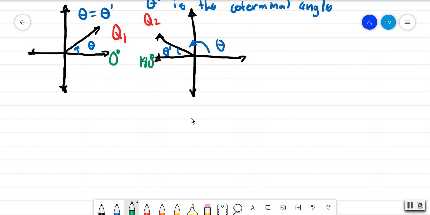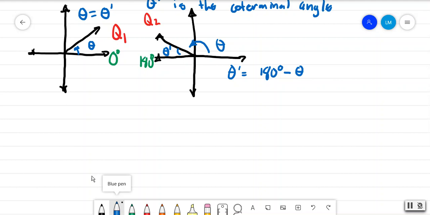So here theta prime is found by taking 180 and subtracting your theta, because both of these angle measures add up to the straight angle, or 180 degrees.